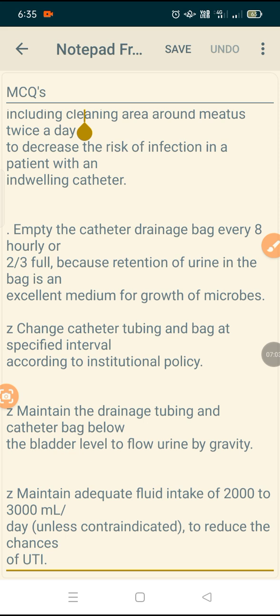In that type of patient, we should not encourage it. We need to follow the doctor's advice in that type of condition. If the patient has a urinary tract infection, we have to encourage 2000 to 3000 ml of water intake daily.